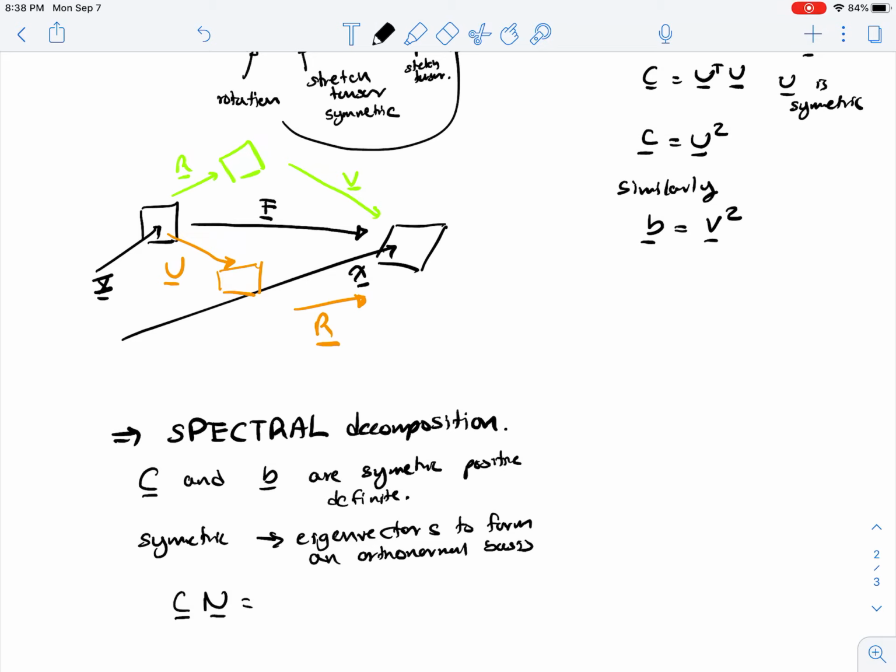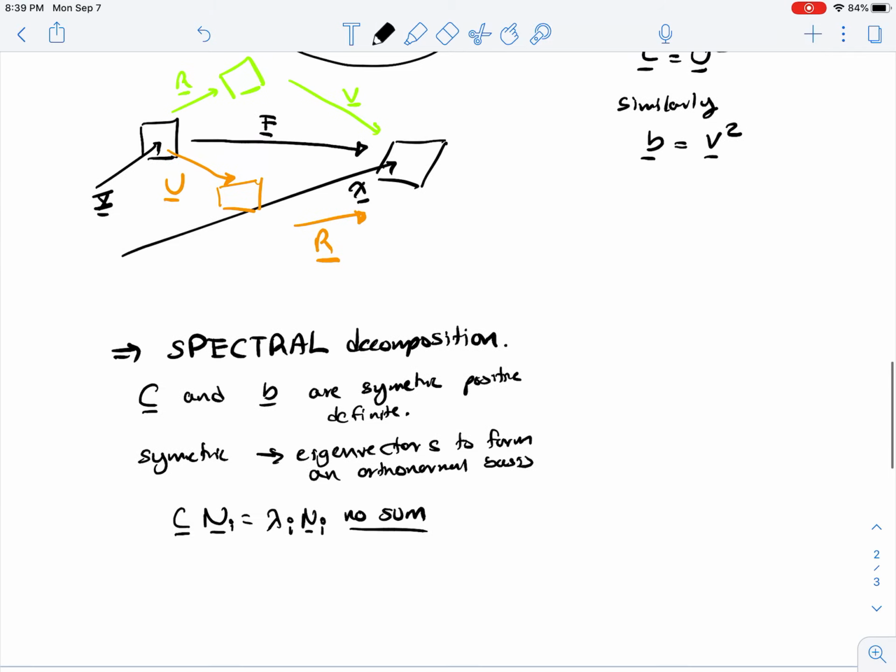So the eigenvalues of C would be such that if you apply C to some unit vector n, you get, well, I'm going to do this, and no sum.